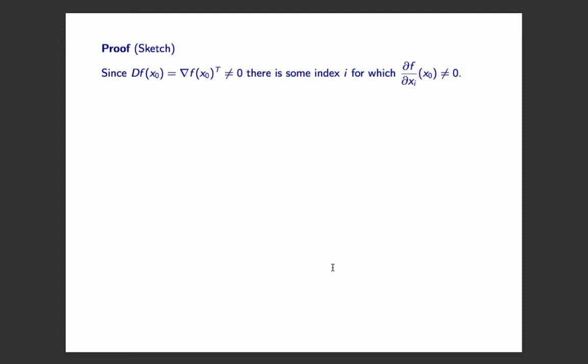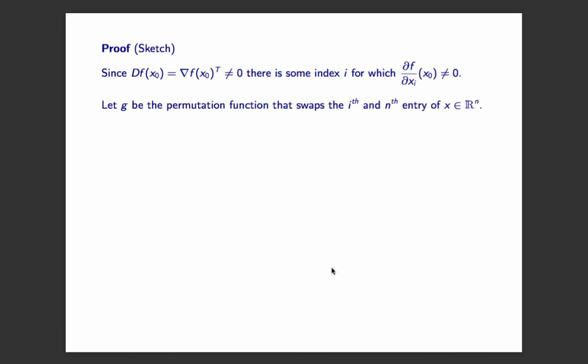If you do, I hope you would look back upon this video and perhaps refresh some of your understanding. So the derivative of f, which is the gradient transpose, is not 0, which means one of the entries of that vector is not 0. And that vector is an array of partial derivatives. So one of those partial derivatives is not 0.